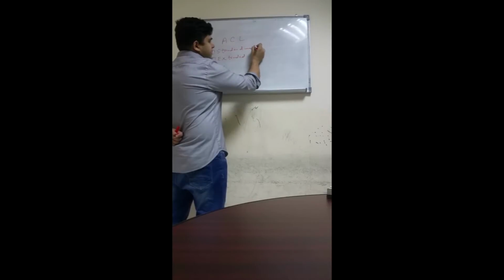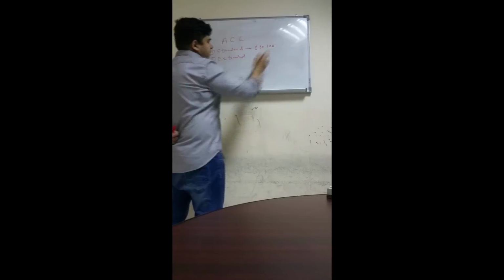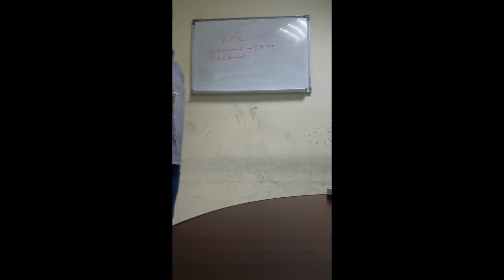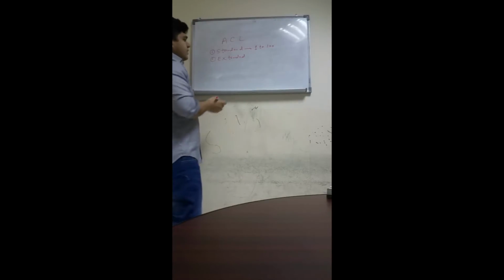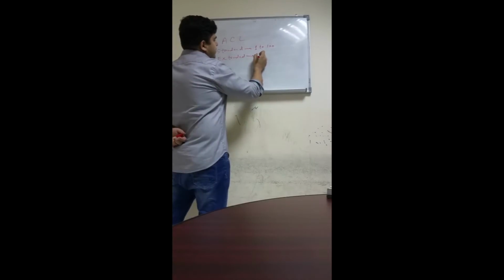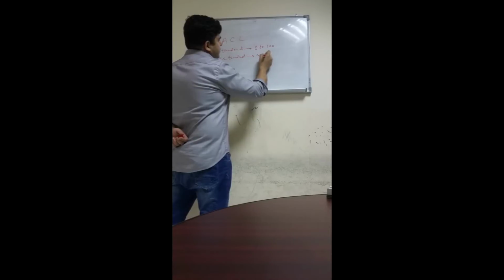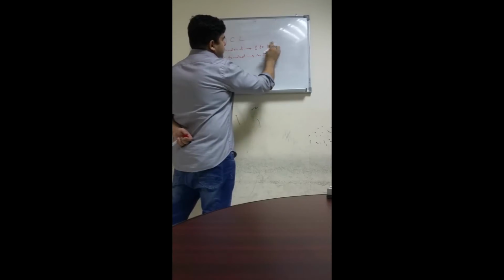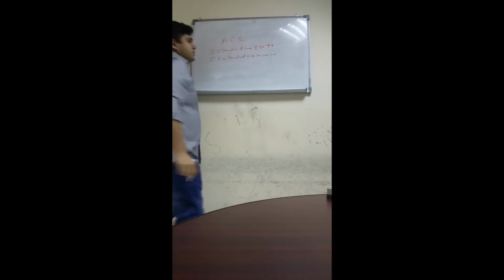If the access list number is from 1 to 99, that means it falls in the standard category. And what is extended? If it's from 100 to 199, it is extended.